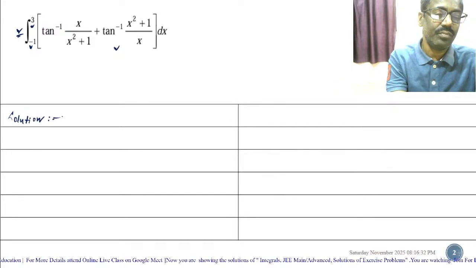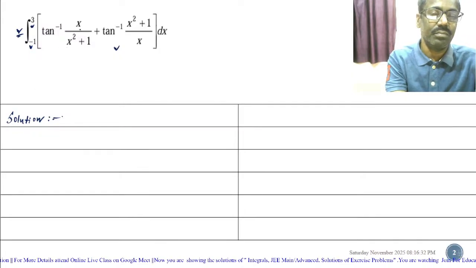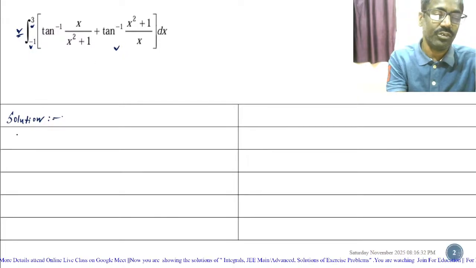So let's see here. tan inverse of x by x square plus 1 plus tan inverse of x square plus 1 by x. Let x by x square plus 1 equal m.